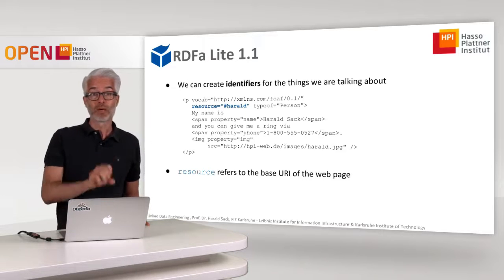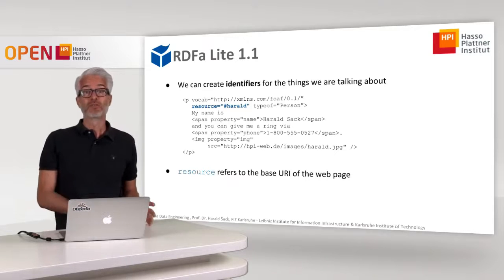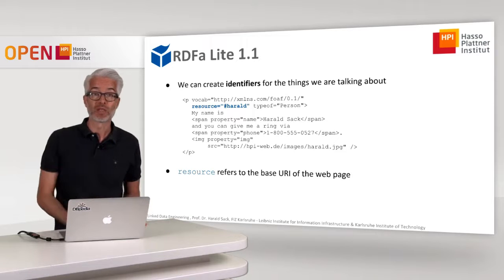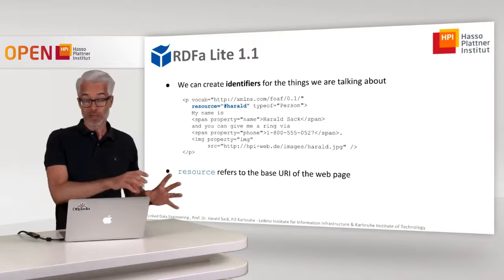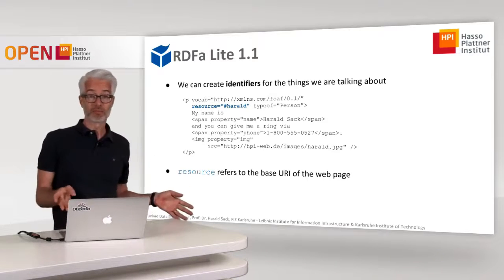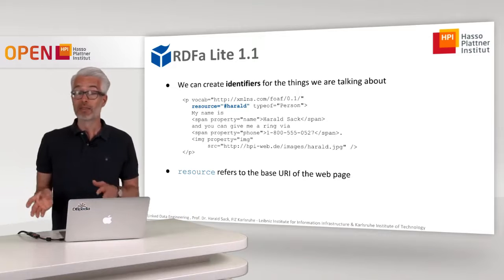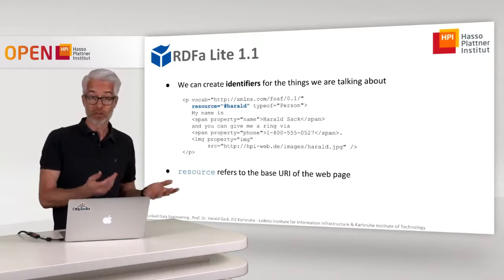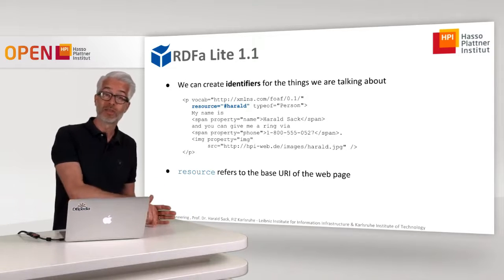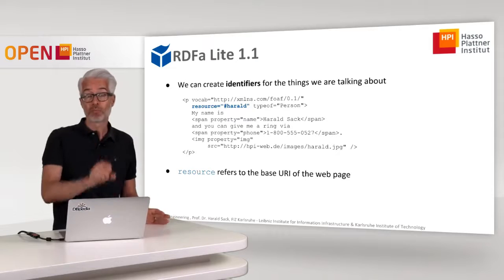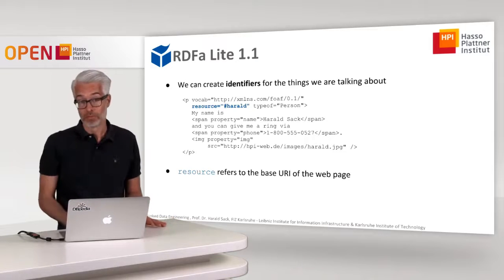The base URI that you have here usually refers to the URI of the web page we are talking about. In this web page, which possibly contains information about me, I define a resource called Harald, and this resource is the subject of all the properties that are defined below.